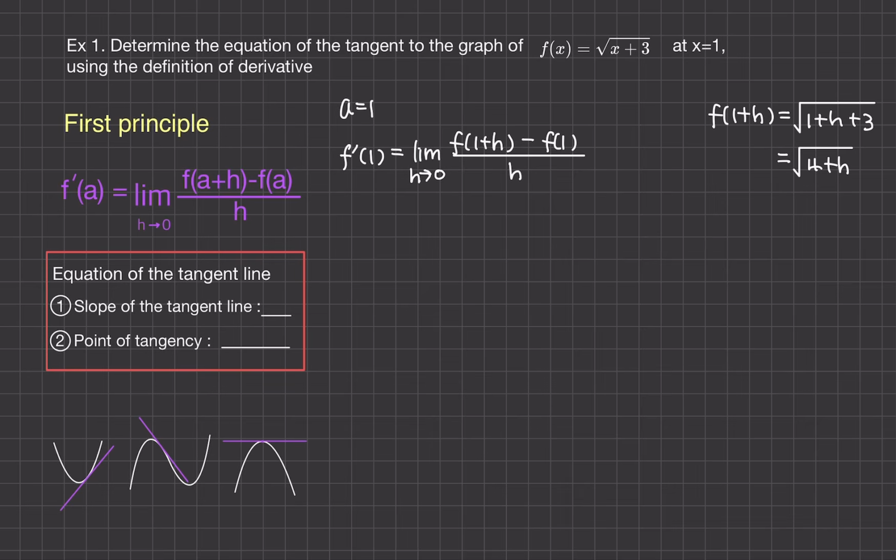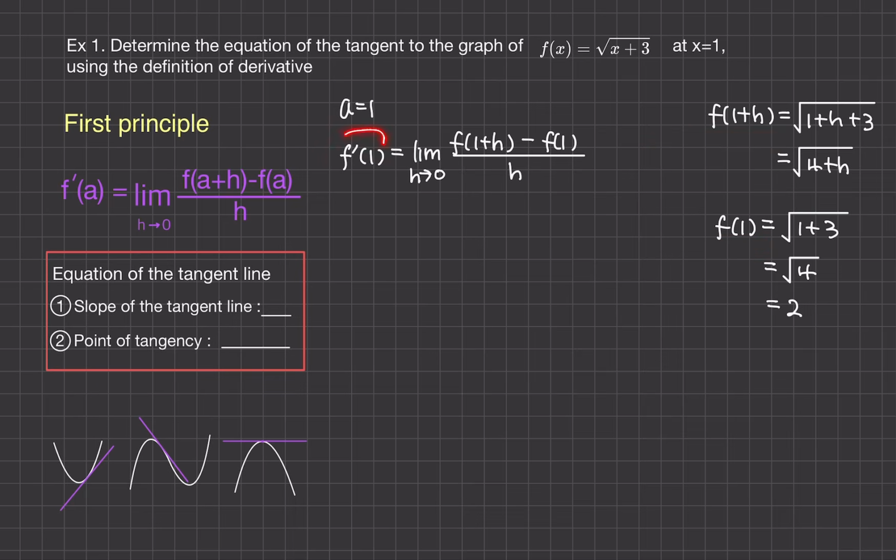And what about f of 1? Which is square root 1 plus 3 equals square root 4. It gives me 2. Let's plug these values into the formula.